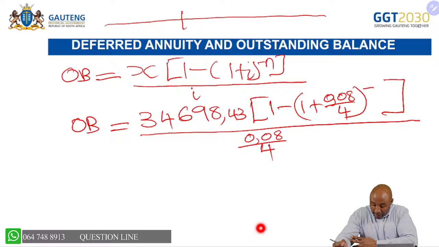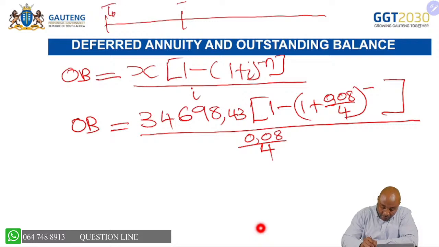In this case, we have to put our n as, because remember, at T0 the loan was granted. After 6 payments, remember, payments started at T3, meaning after the 6th payment, this will be T8.